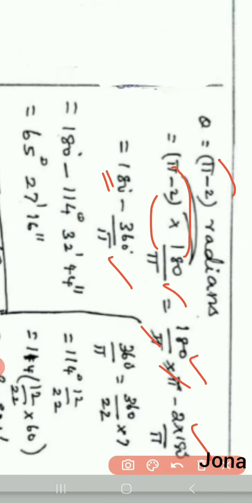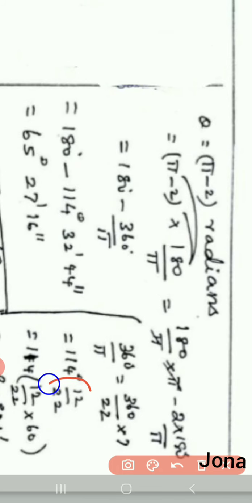If you divide this, pi is nothing but 22 by 7, isn't it? So 360 by 22 by 7 the 7 goes to the numerator, so it will be 360 into 7 by 22, and then dividing by 22 we get 114 degrees and 12 by 22.